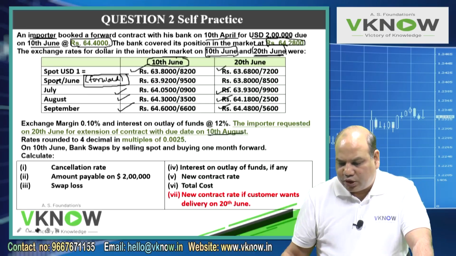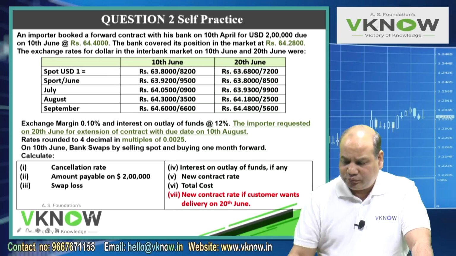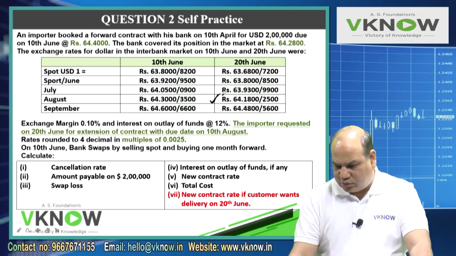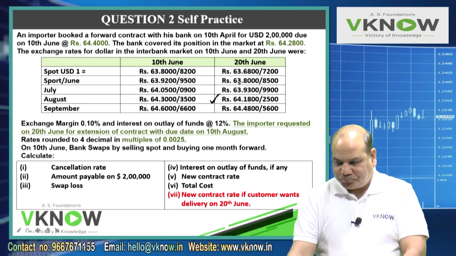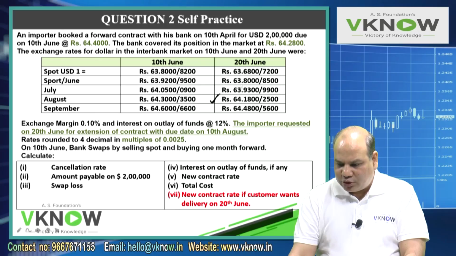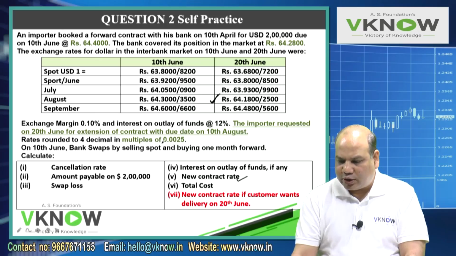That means we have to cancel the old contract and enter into a new contract which will mature on 10th August. So we will have to apply the 10th August forward rate for answering this question, the new contract rate.